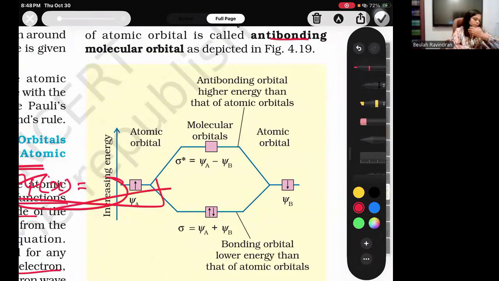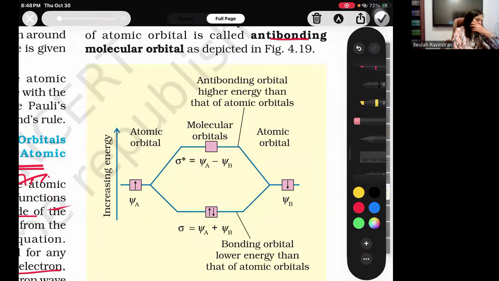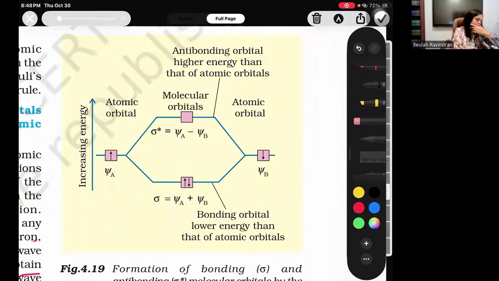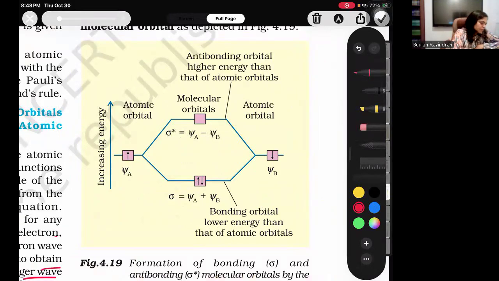See? This is increasing energy, graph shown. Psi A: first, one electron is there. Everyone knows hydrogen has one electron, in 1s. This is one atomic orbital, and this is another one.